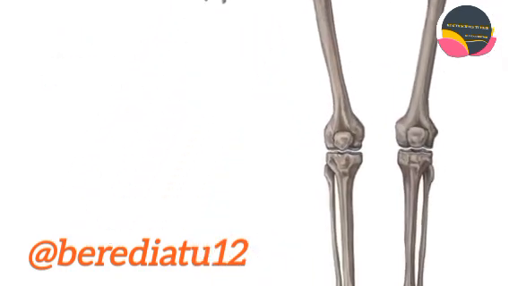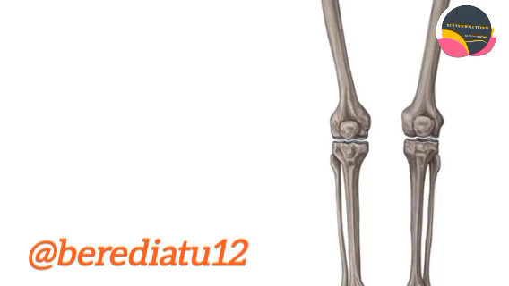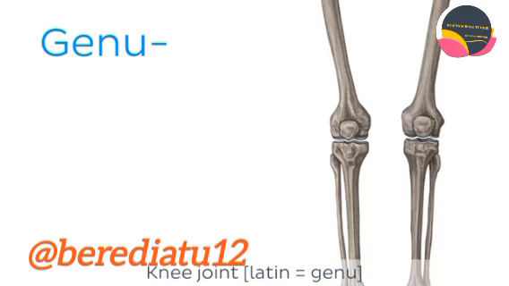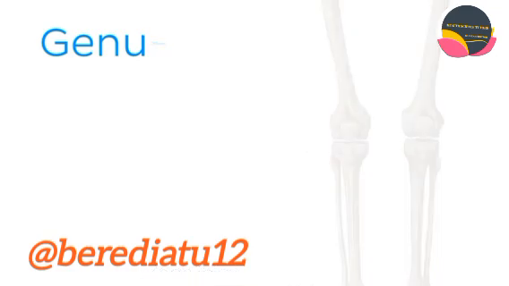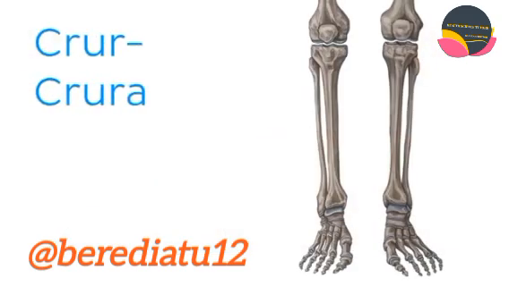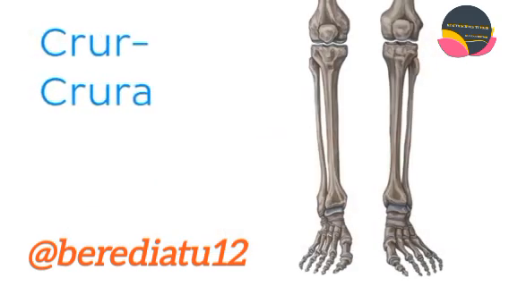Moving distally, there is also a term for the knee joint, which you should know, and this is genu, as in knee joint. For example, you might ask a patient to assume a genucubital position, in which they rest on their knees and elbows when preparing for an anorectal examination. How about this term? Crur or cruro, which can be a bit tricky to wrap your tongue around, right?